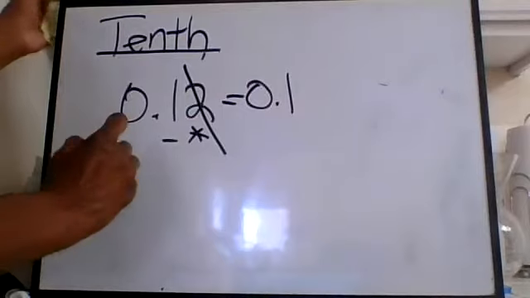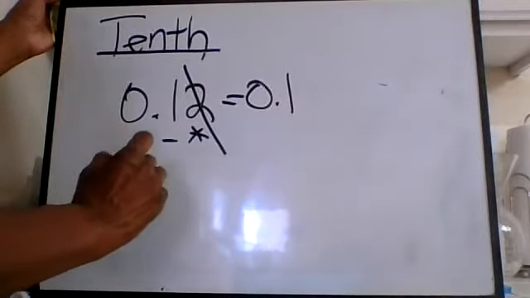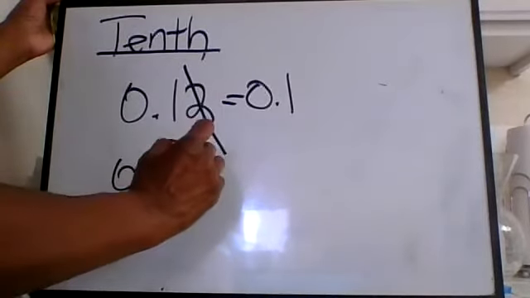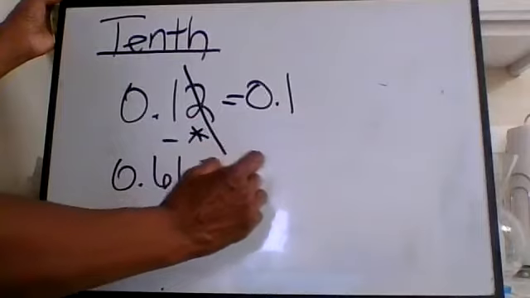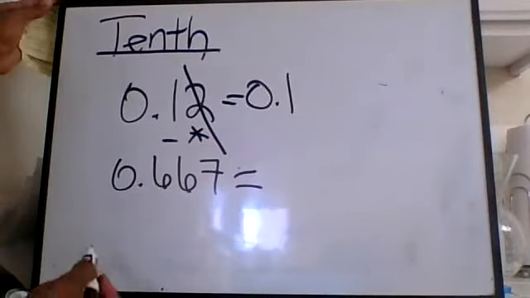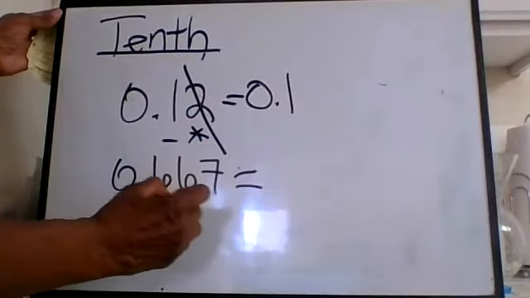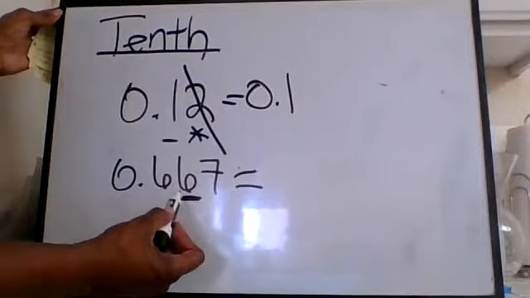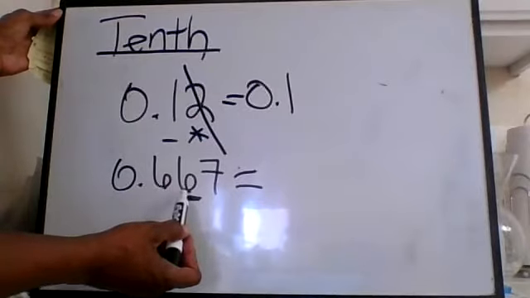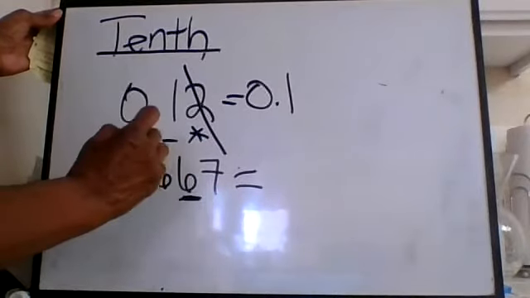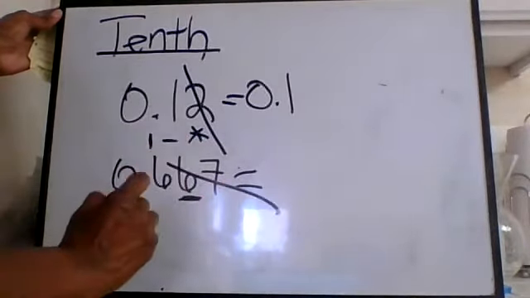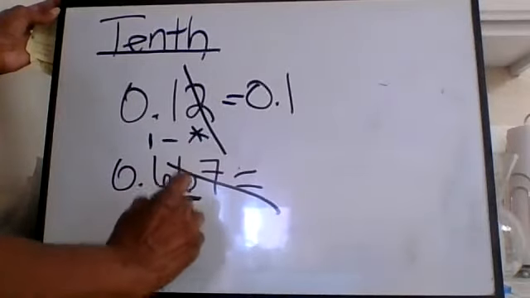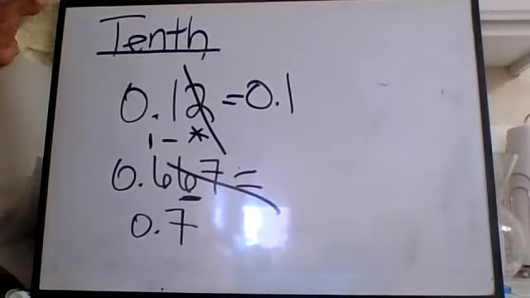Okay, let's do another one. Let's try 0.667. When you're rounding to the nearest tenth, you're looking at the hundredths place. This number is greater than 5, so we round up. We add 1 here, these come off, and 0.7 is the answer.